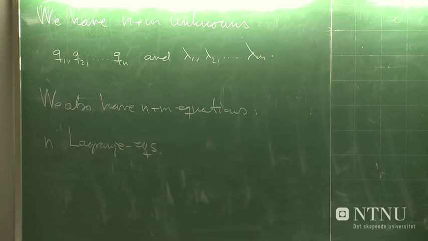To begin with, we have n Lagrange equations. That's written over there. And they are modified from the non-holonomic constraints by the presence of the last term.